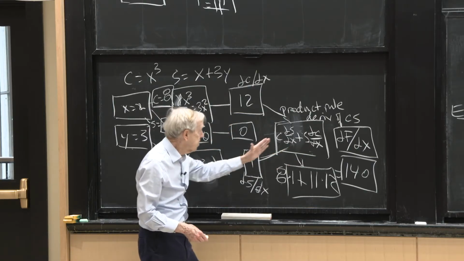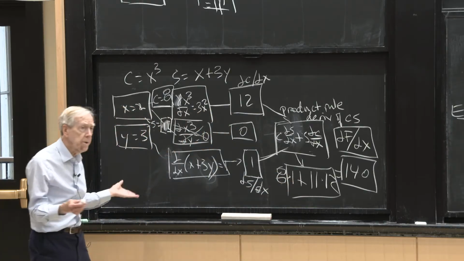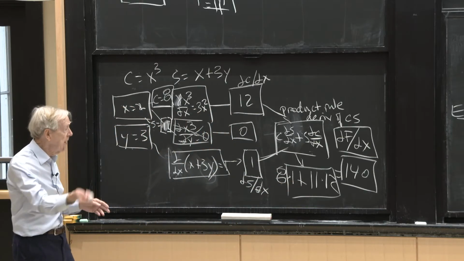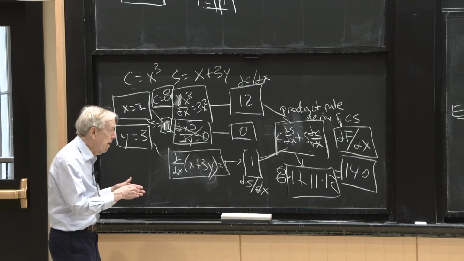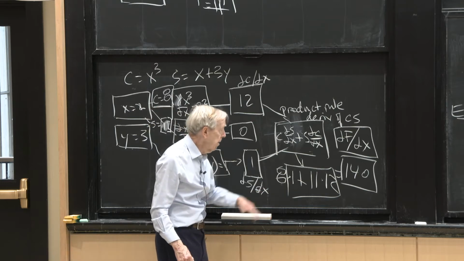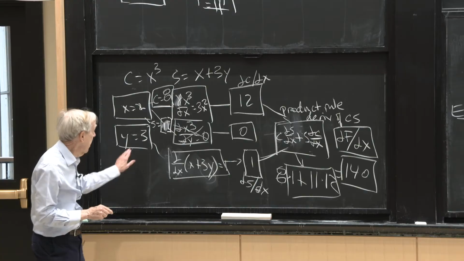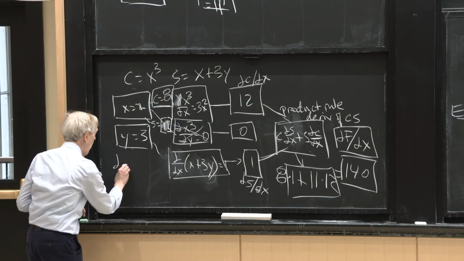I have these separate numbers, so I put them in, and so the computational graph is finished. We only needed 2 levels, and we got 8 and 132, 140. Okay. But we didn't get df dy yet.